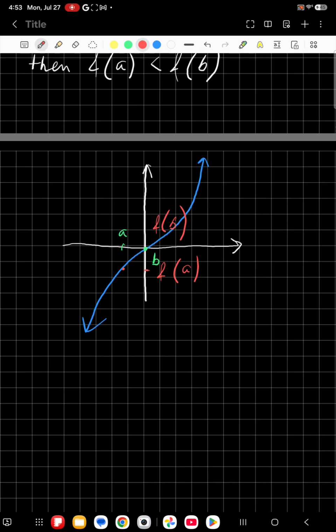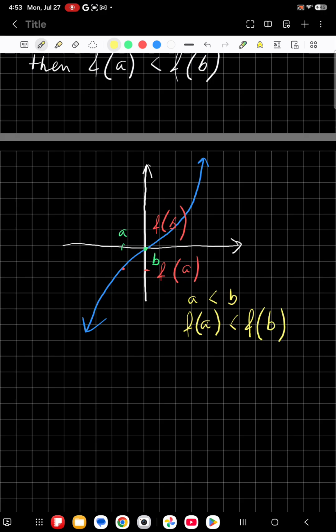Okay, so the definition went something like this. If a is less than b, f of a is less than f of b. And so this was an increasing function.